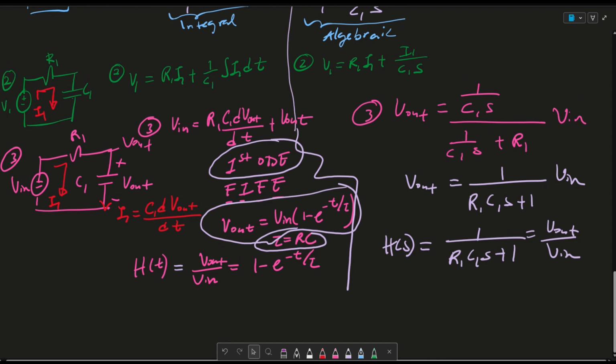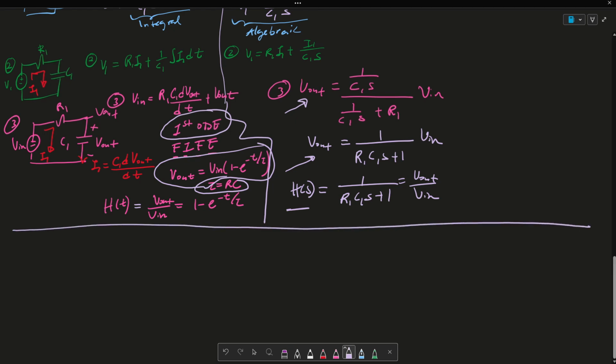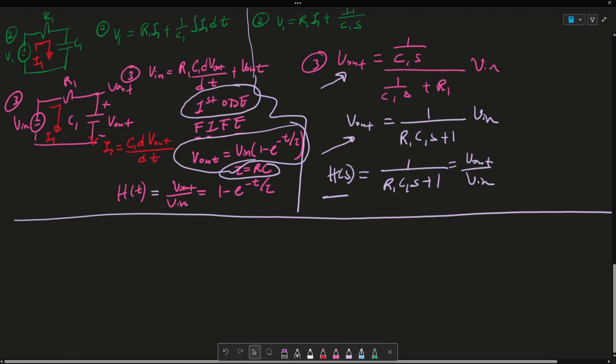So as you can see, this is a lot easier, right? If you know your voltage divider equation, you can easily implement this and divide V out by V in, and you get your transfer function. Only 3 steps. So as I mentioned before, we'll normally be using a sinusoidal signal.